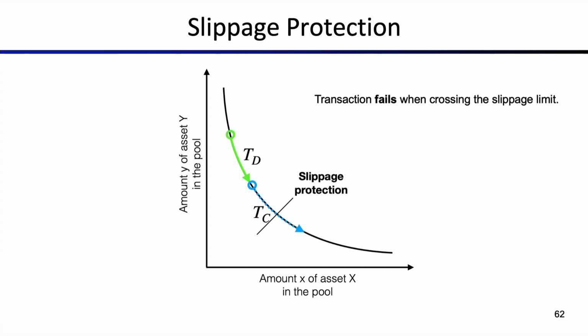Now let's go back to the slippage protection and when it actually triggers. Here you can see that we have a transaction that was front running us, and we wanted to purchase this amount of liquidity. Now it turns out we actually crossed the slippage protection threshold.